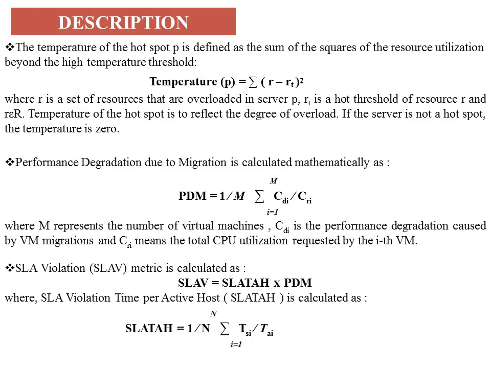Next, the temperature of the hotspot, the performance degradation due to migration, and the SLA violation metric are calculated mathematically to show how the hotspot detection is done, and the MODA technique tries to implement an energy efficient cloud data center.